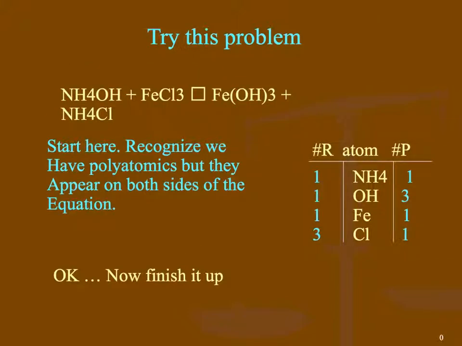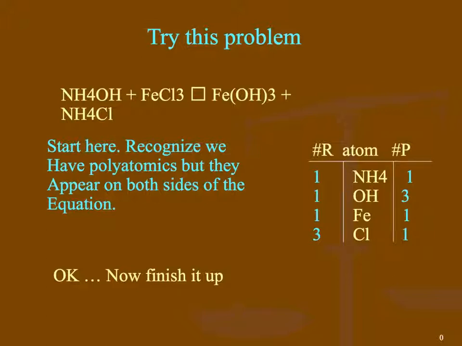Well, let's try one more problem. Now we're going to try this equation right here, where we have ammonium hydroxide plus iron 3 chloride yields iron 3 hydroxide plus ammonium chloride. We're going to recognize one thing. Notice that we have NH4 on this side, and we have NH4 on our product side.